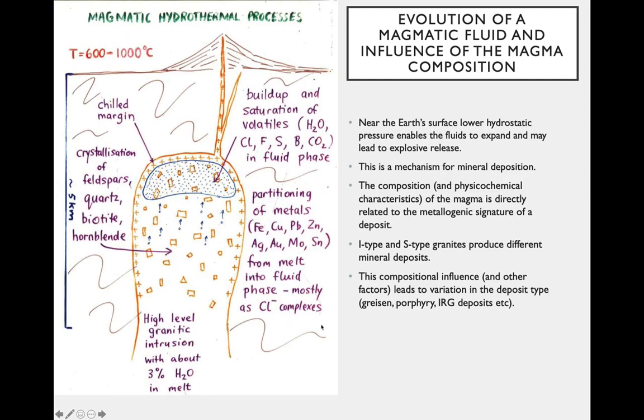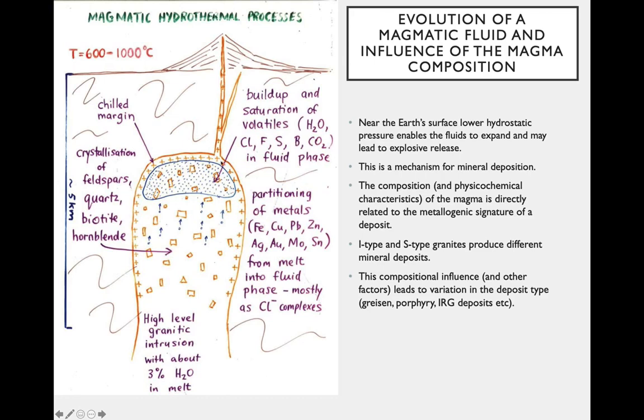They like to complex with chlorine complexes, so they're also saturated in this area, as well as fluorine, sulfur, boron, etc. So this becomes a classic spot for metal concentration, and then in essence, if we can release this material, we can produce mineral deposits in this main area.